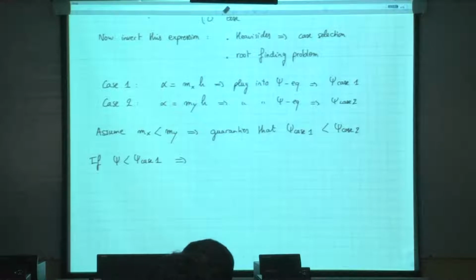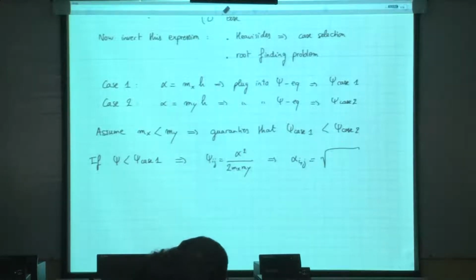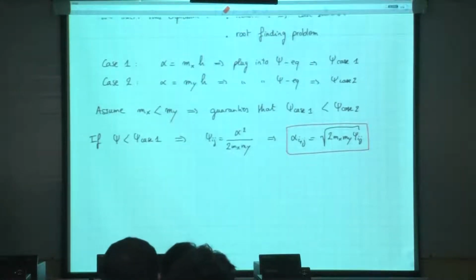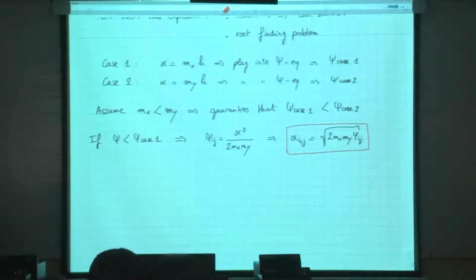And so my solution is obtained from that simple relation, which I can invert directly to obtain my alpha in cell ij as being the square root of 2 mx psi of ij. Okay, so I've solved the first problem.